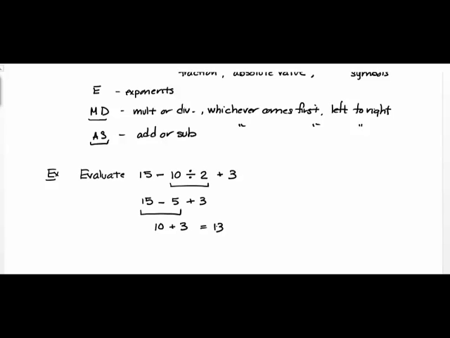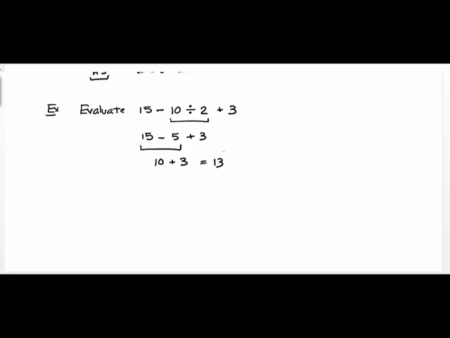Okay, let's try another one. If I say evaluate 300 divided by 7 minus 2 quantity squared times 2 squared.